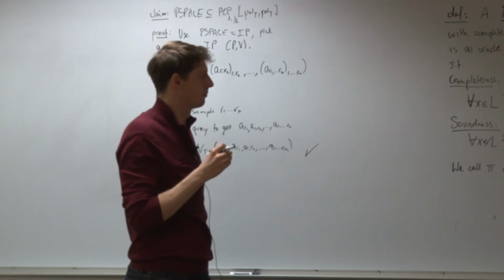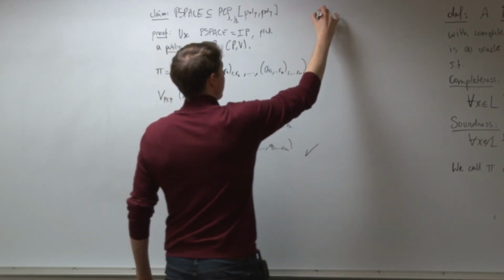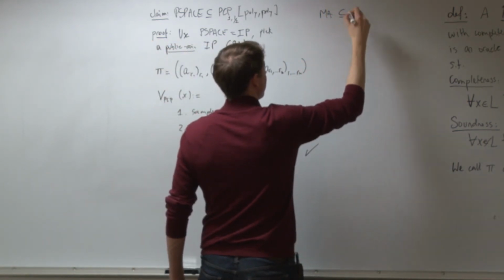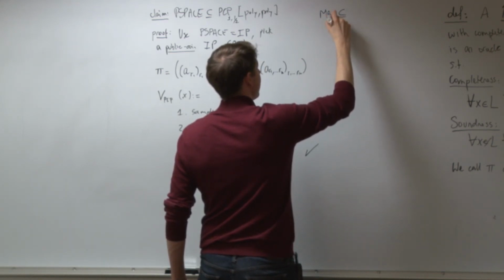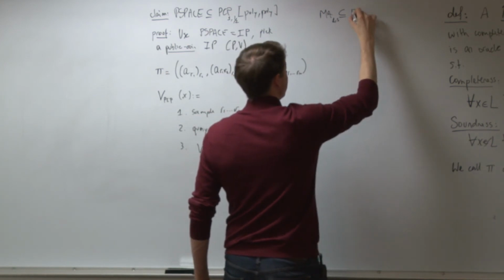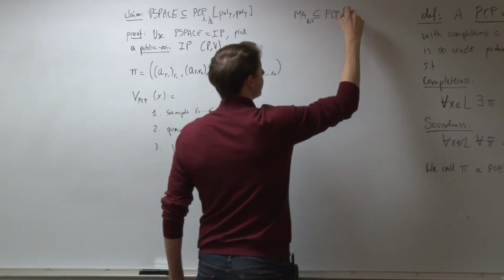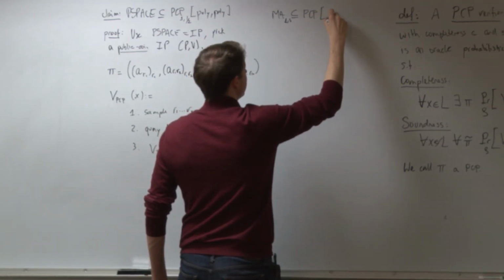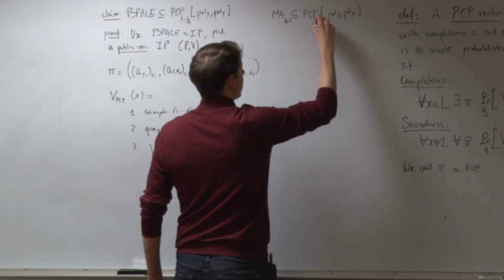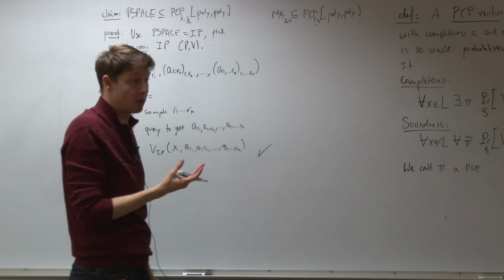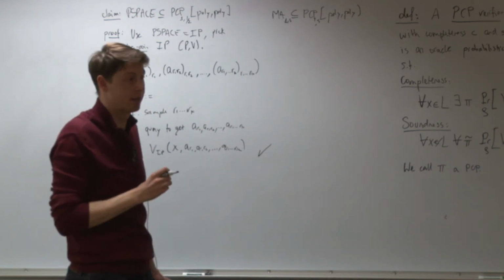Sorry. Let's write it properly. So MA with, say, one-sided error is contained in PCP. What do we need here? We need poly randomness and poly queries. This is just a containment, but it's not an equality. That's all that's happening.